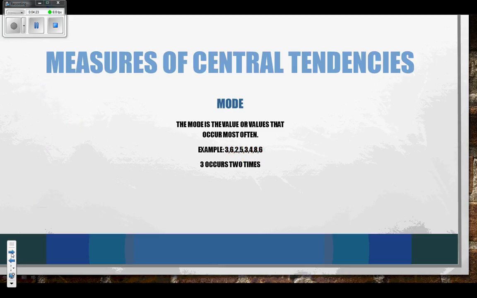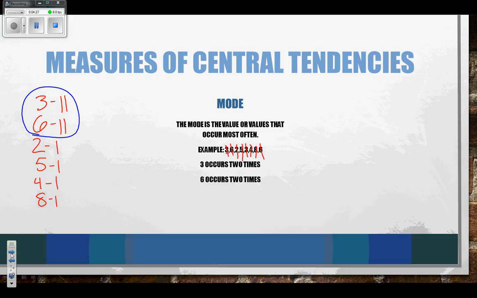So since 3 occurs twice, and 6 occurs twice, then the mode of this example is 3 and 6. I can have more than one mode. That's okay. I can have more than one, I can have exactly one, or I can have none.